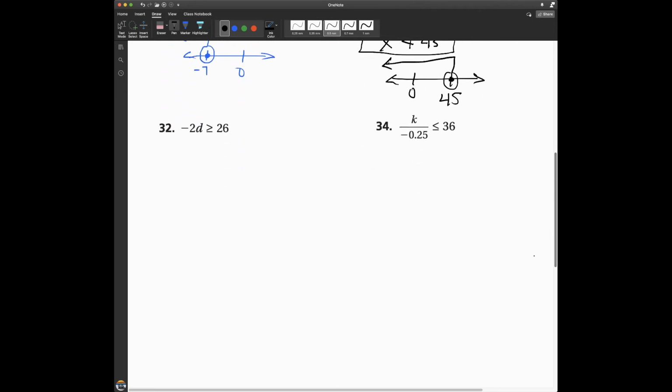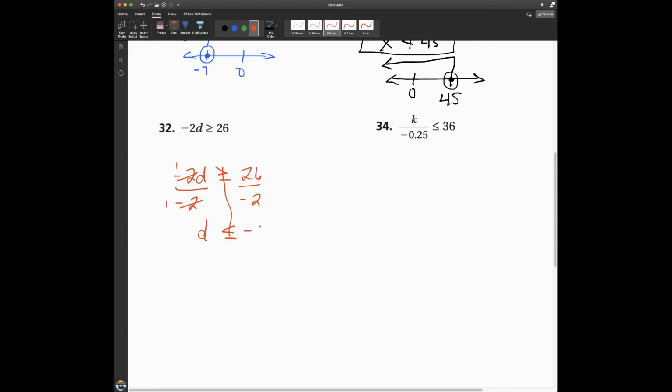Let's look at a couple more. Here's number 32: negative 2 times d is greater than or equal to 26. I divide both sides by negative 2. That cancels the negative 2, so it leaves d all by itself. And I have to change the direction of the inequality sign because I'm dividing by a negative number.